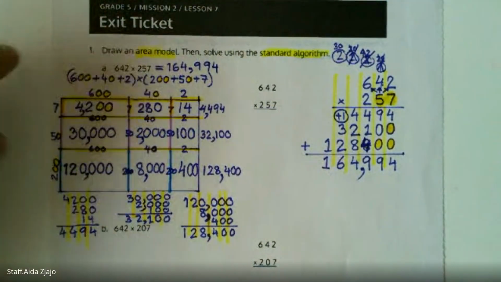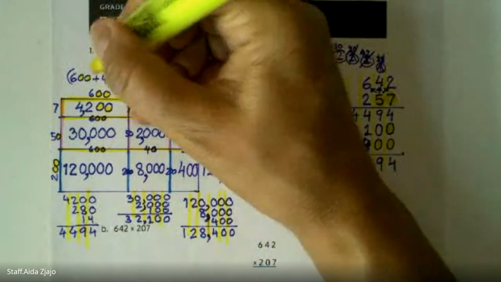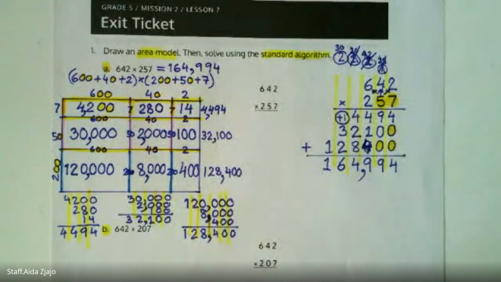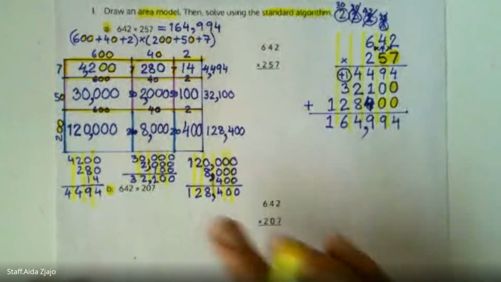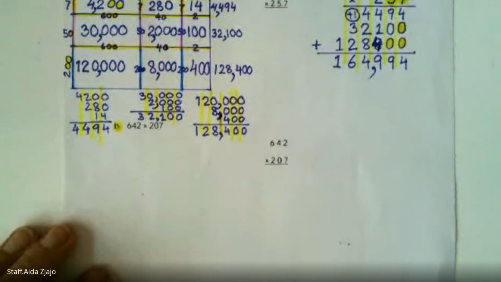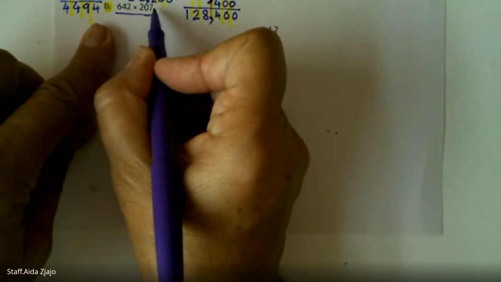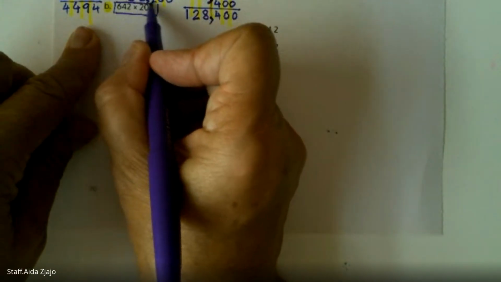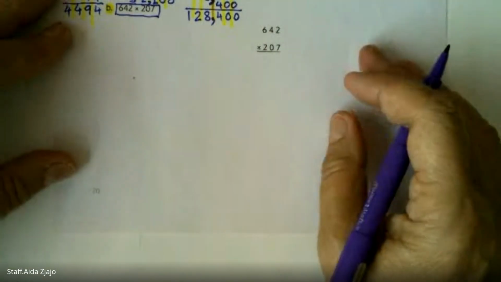That's problem A. I have here problem B, and it's the same thing, 3-digit by 2-digit. Let's see how that will work. I'm going to underline. So this is the problem that I'm doing. So I'm just going to circle around it and rewrite again.